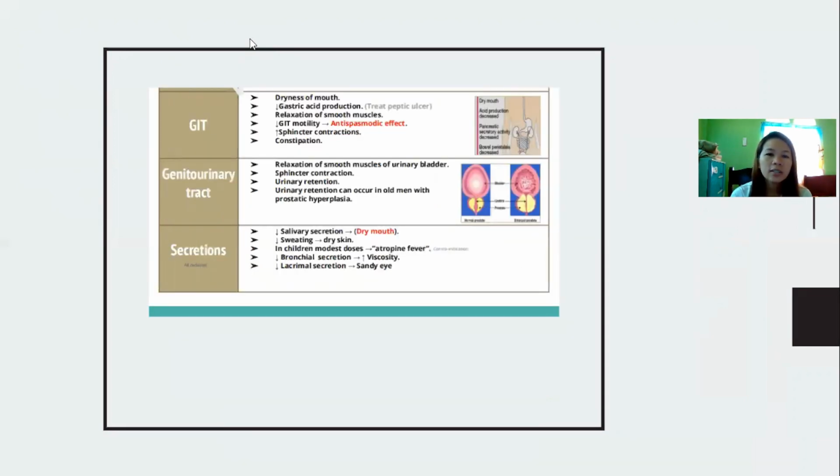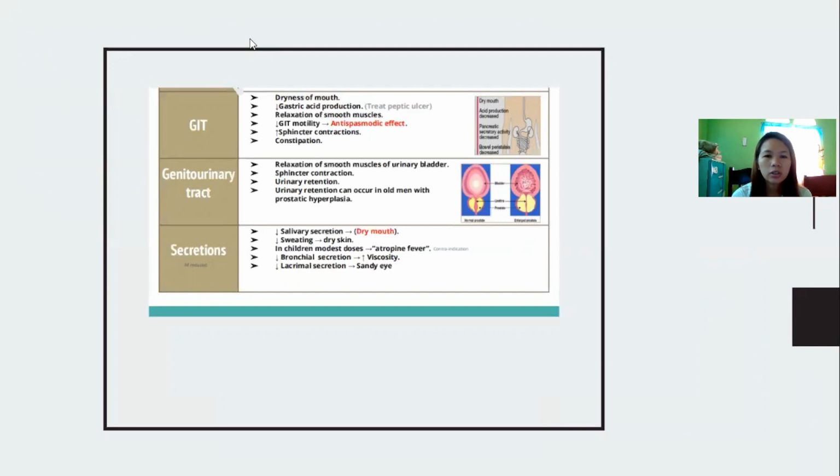GIT: dryness of mouth, decreased gastric acid production, used to treat peptic ulcer, relaxation of smooth muscles, decreased GIT motility, antispasmodic effect, sphincter contraction, and constipation. Genitourinary tract: relaxation of smooth muscles of urinary bladder, sphincter contraction, urinary retention.